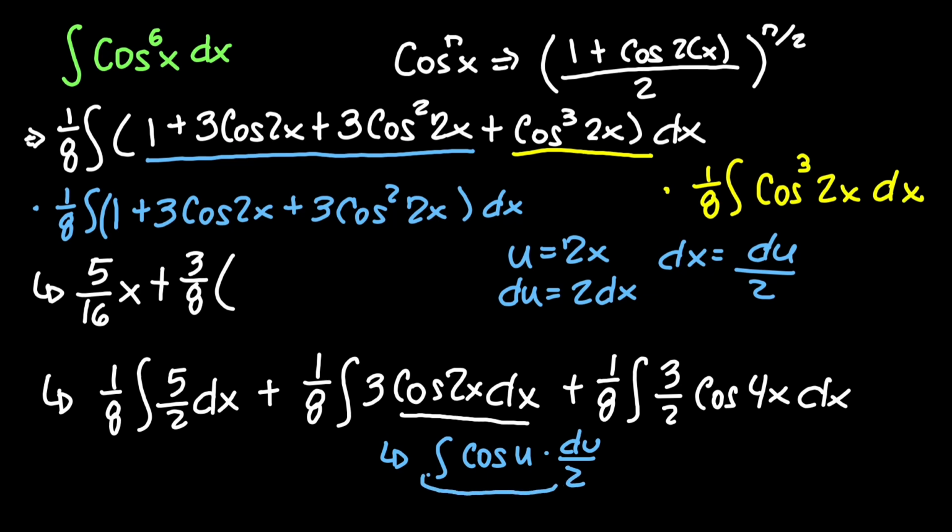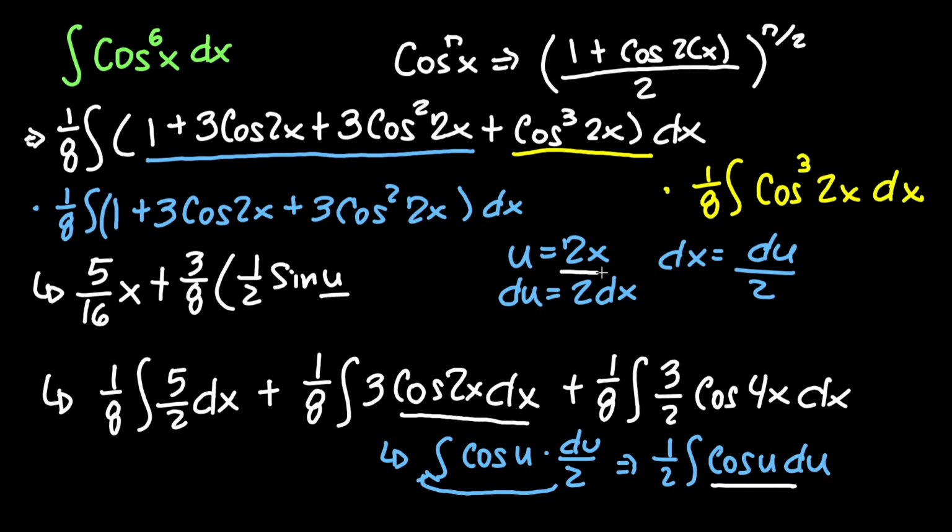We can put the 2 outside, so you would have 1/2 integral of cosine u du. The integral of cosine of u would be sine of u, and since u is equal to 2x, our answer would be sine of 2x. We can also multiply 1/2 and 3/8, which would be equal to 3 over 16 sine of 2x.